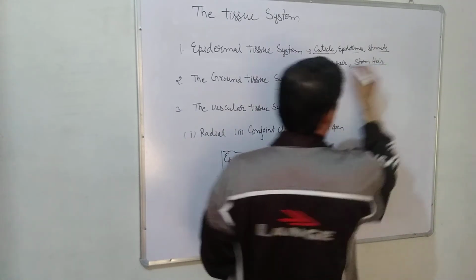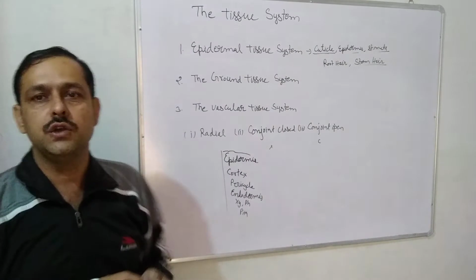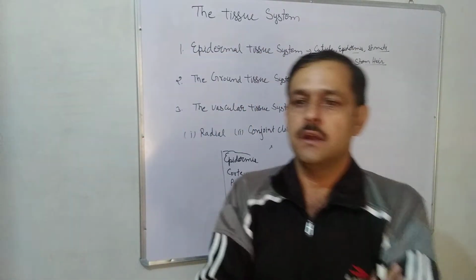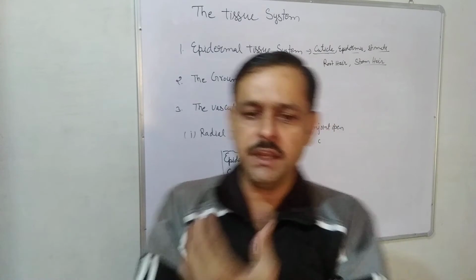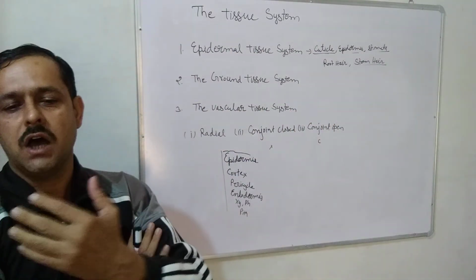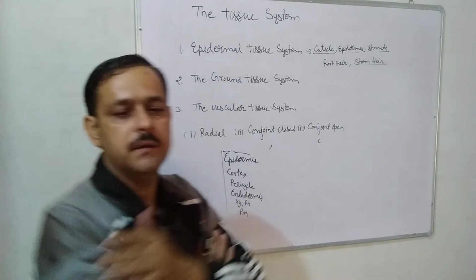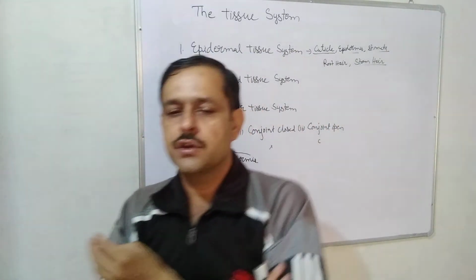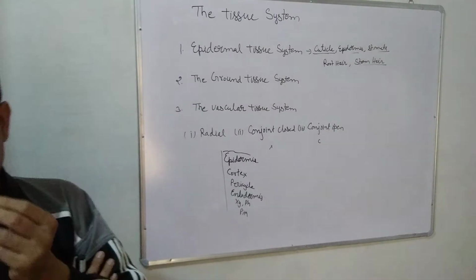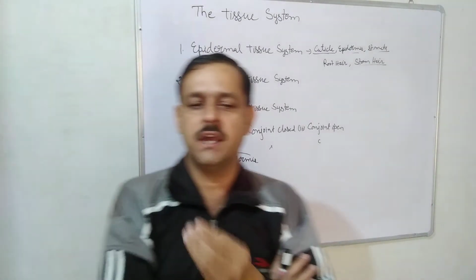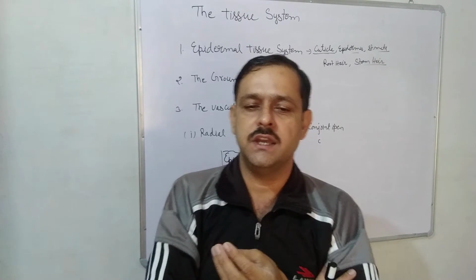You know root hair are unicellular and stem hair are multicellular. So the epidermal tissue system is the outermost covering of the plant body and comprises epidermal cells, stomata, and epidermal appendages, just like root hair and stem hair, or we can say trichomes.